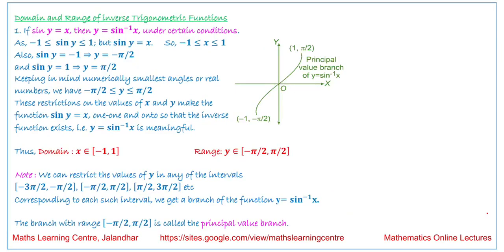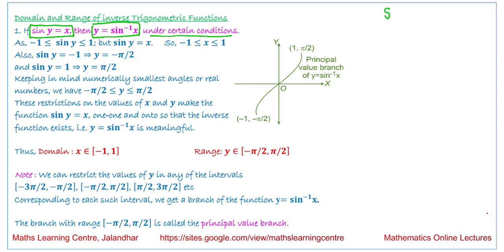So the first function we are talking about is sine y is equal to x. If sine of y is equal to x, then y is equal to sine inverse of x under certain conditions, and those conditions we have already seen.